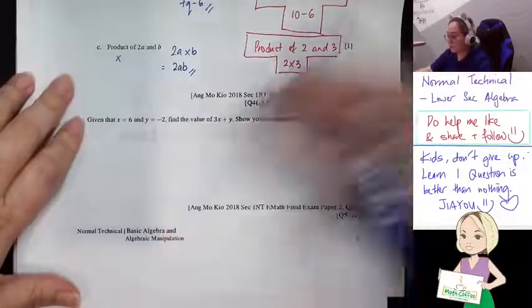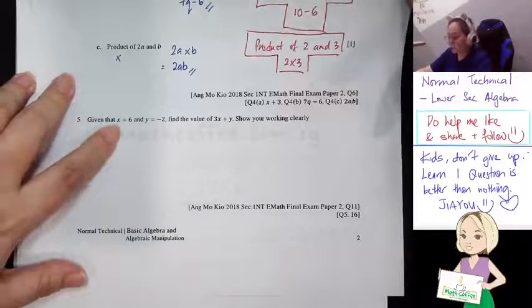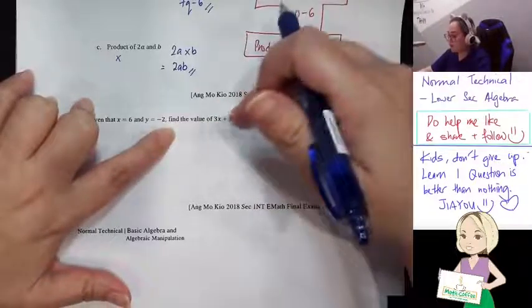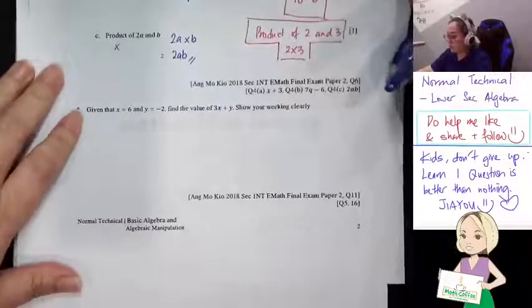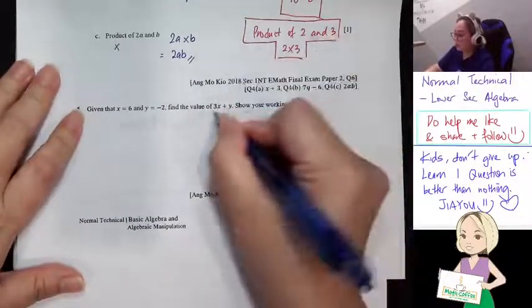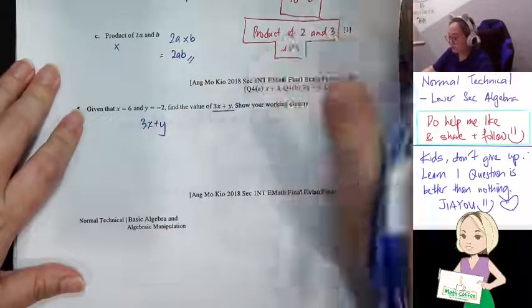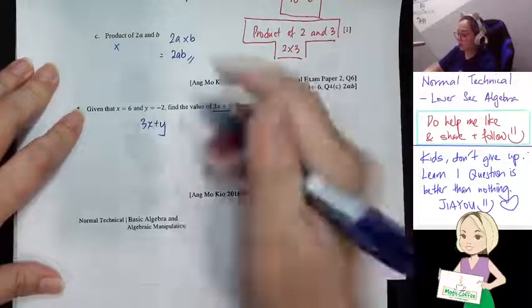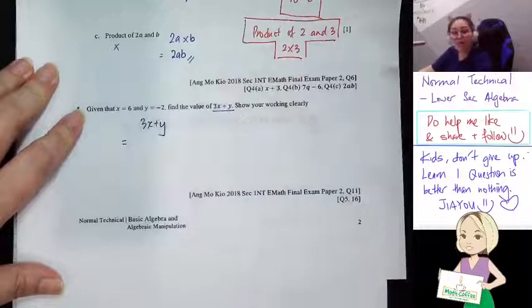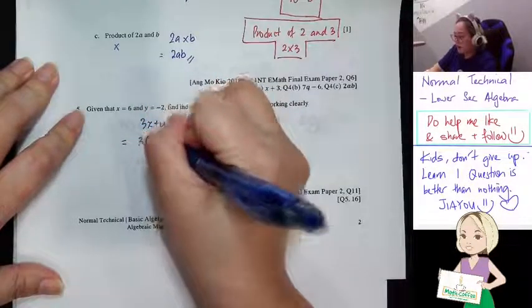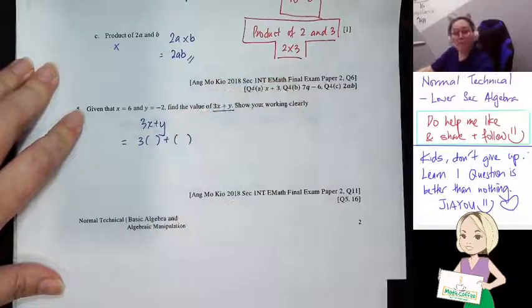Okay? So, given that x equals 6, y equals negative 2, find the value of 3x plus y. Same thing, what I want you to do is write 3x plus y first. Then I want you to replace the alphabet with brackets. So it's 3x plus y.